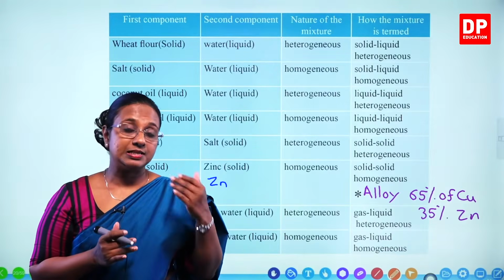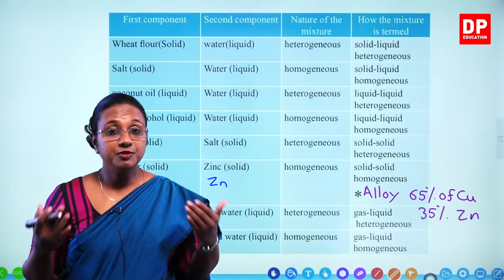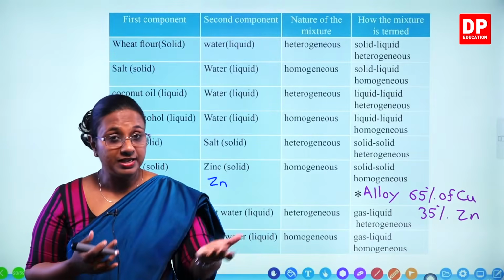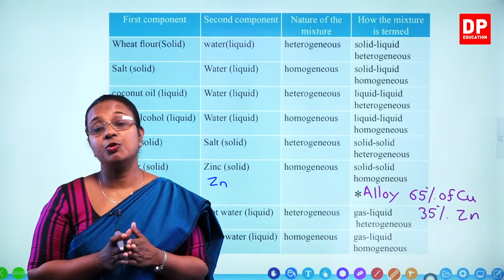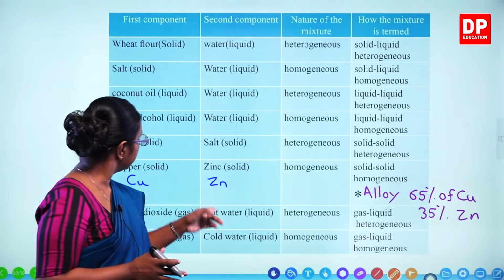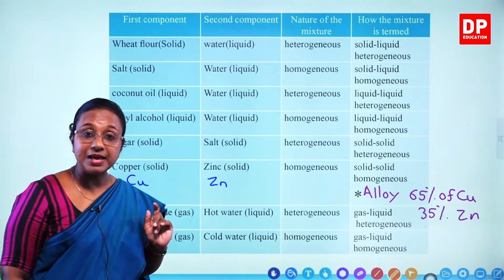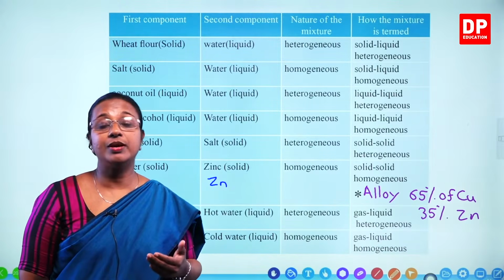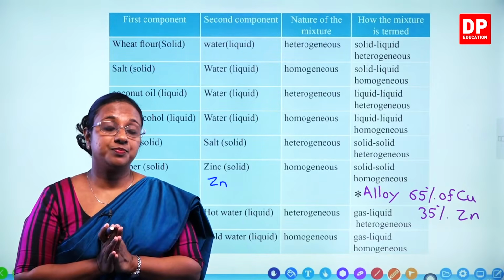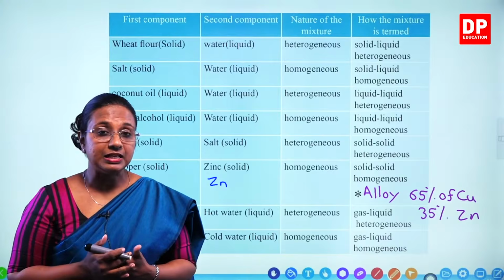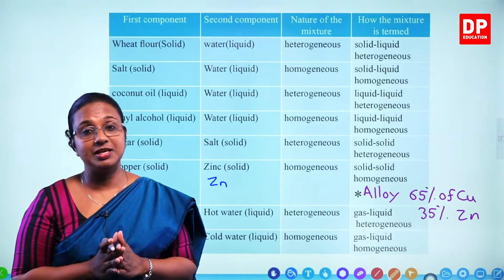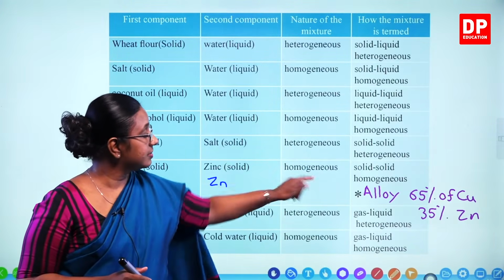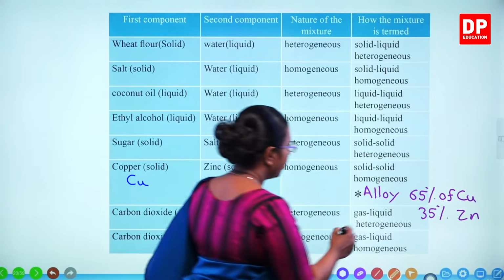Normally you all know metals have high melting points, but if you want to make shapes like jewelry or ornaments or vessels, normally they melt it and mold it into a shape. So here both the copper and zinc are melted. We take the molten copper and molten zinc, that is the liquid form, and mix it together. Once it gets mixed completely, it becomes a homogeneous mixture. Then you allow it to solidify, and that results in the alloy called brass.